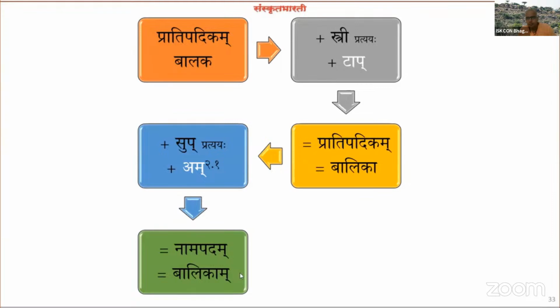So see, by adding only pratyay, you can make many different types of words. And when pratipadikam is added with sup or am pratyay, then it becomes nam padam balikam. So this way, we are manufacturing new words.